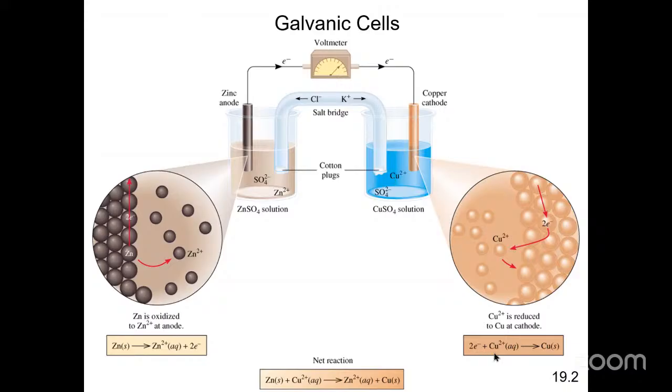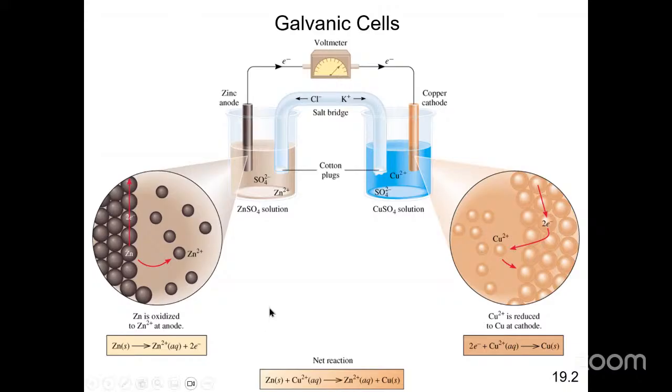Therefore, you have a reduction reaction where the copper 2 plus gains 2 electrons to form solid copper. So you have a redox reaction where one half reaction takes place in the zinc sulfate solution and the other half reaction takes place in the copper 2 solution. We can write down the net equation by simply adding this equation to this equation, and this is the net equation right here.